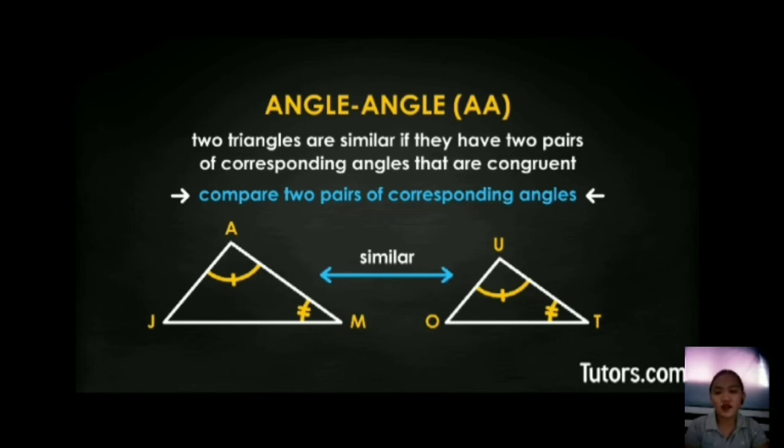Notice that angle M is congruent to angle T because they each have two little slash marks. Since angle A is congruent to angle U and angle M is congruent to angle T, we now have two pairs of congruent angles, so the angle-angle theorem says that the two triangles are similar.